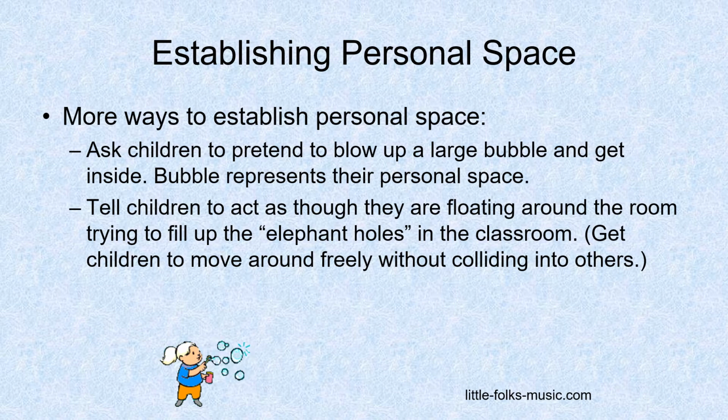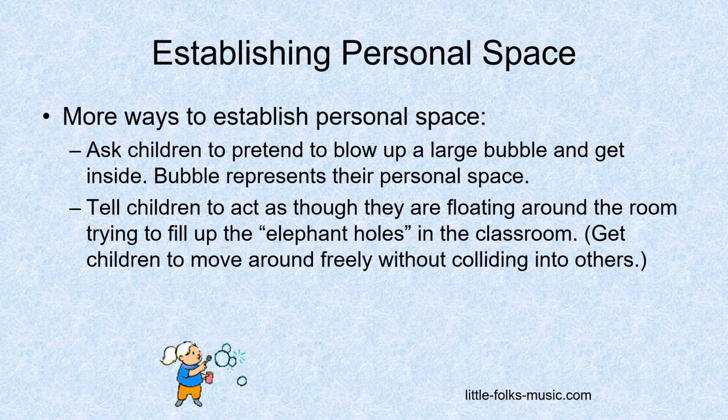Another, maybe more illustrative way to help students understand their area of personal space is to ask children to pretend to blow up a large bubble, large enough for them to get inside. That bubble will represent their personal space. And then tell children to act as if they're floating around the room inside of their bubble, and they're trying to fill up the elephant holes in the classroom.